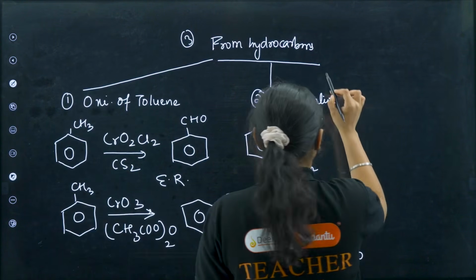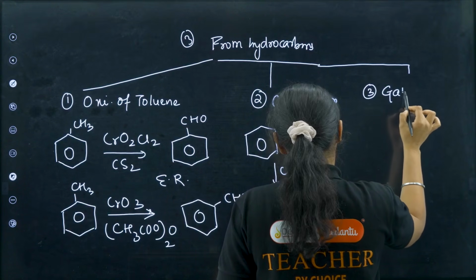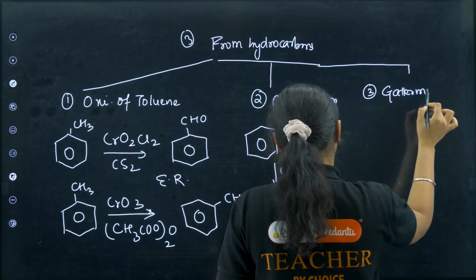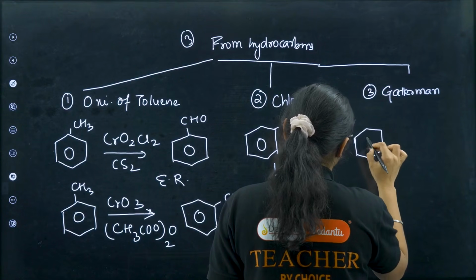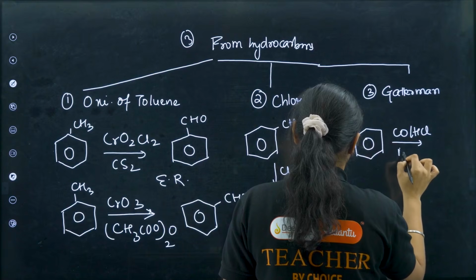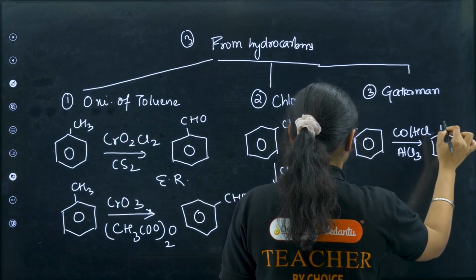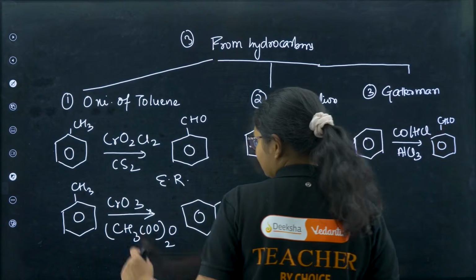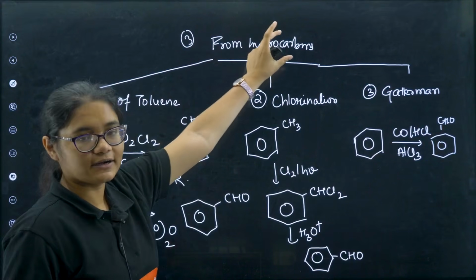Now coming to the next one, the Gattermann-Koch reaction. You take benzene, react it with CO, HCl, AlCl3, and you will get CHO. So how many reactions have we studied? 1, 2, 3, 4. Only 4 reactions in the third category.